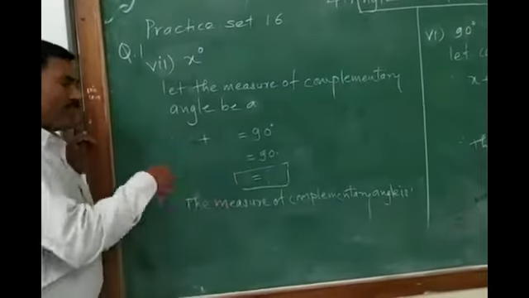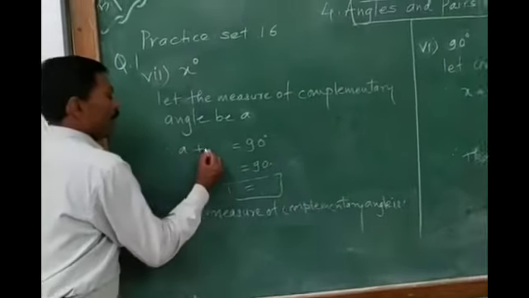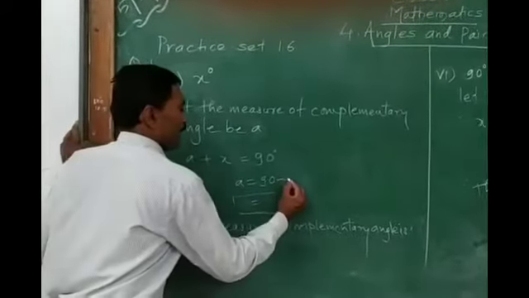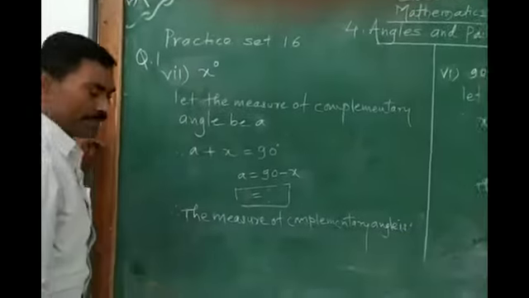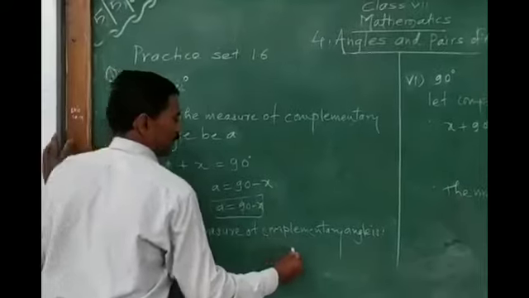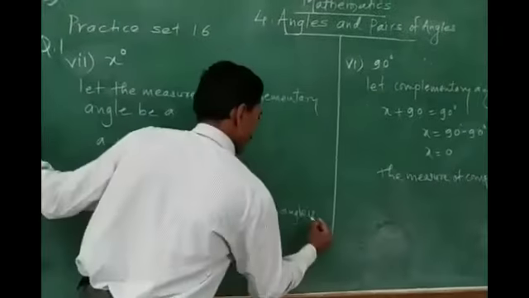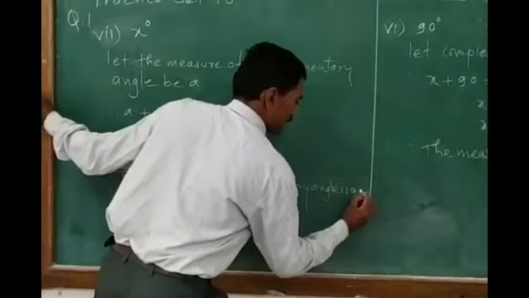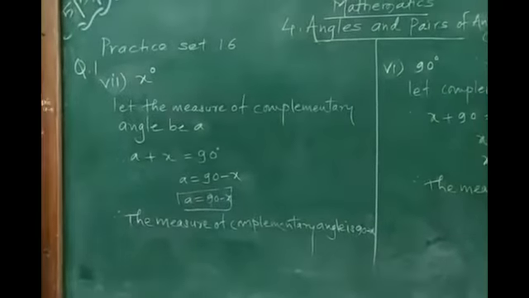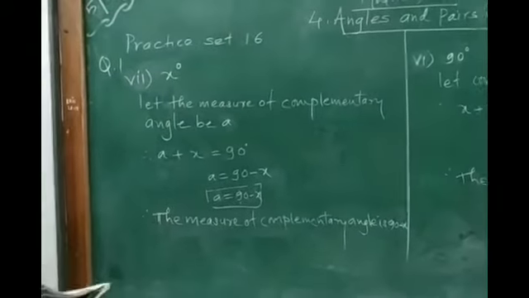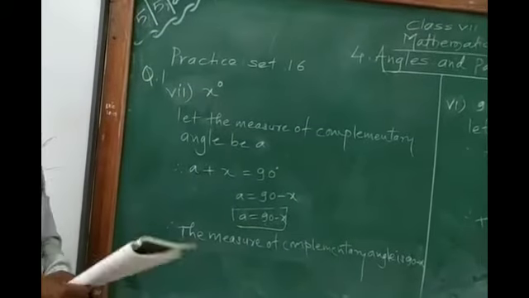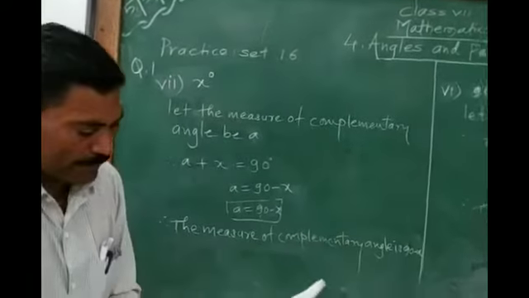Then, by the definition of complementary angles, a plus x is equal to 90, and a is equal to 90 minus x. Therefore, 90 minus x is the measure of the complementary angle. In this way, we have solved all 7 sub questions of the first question, where we had to find the complementary angles of the given angles.